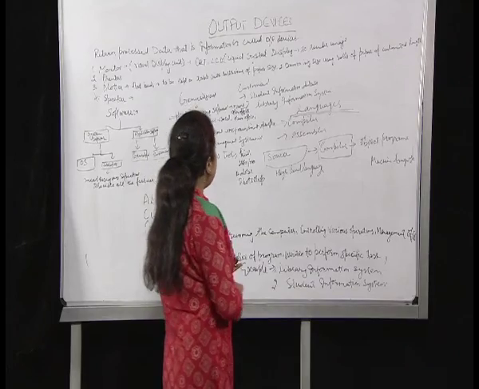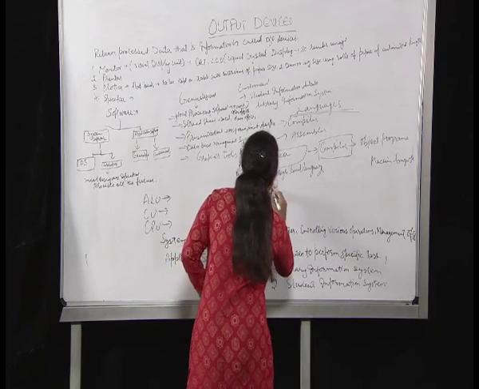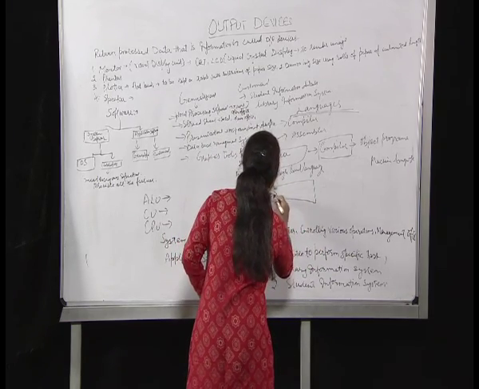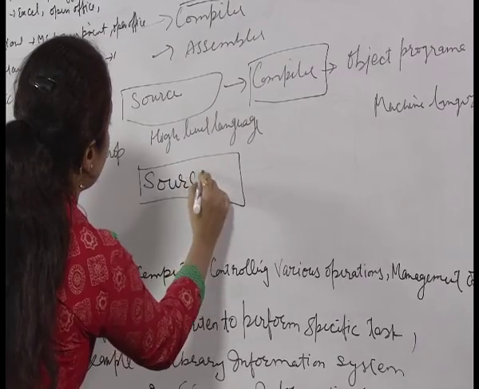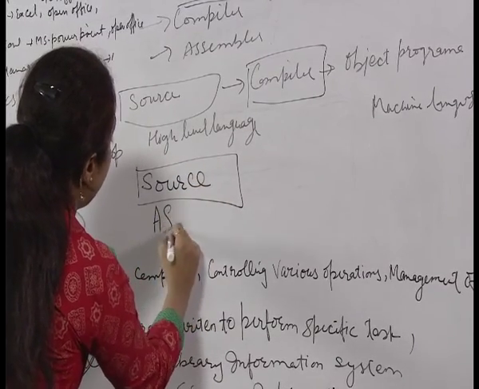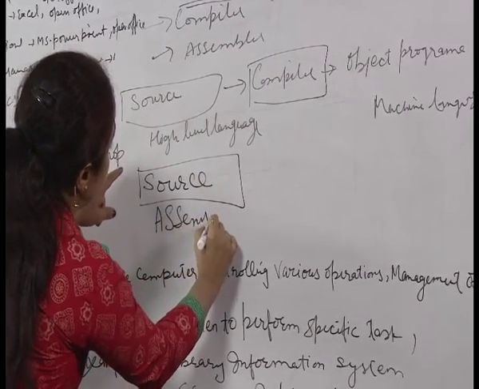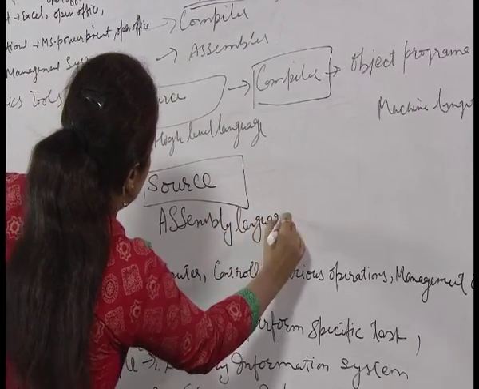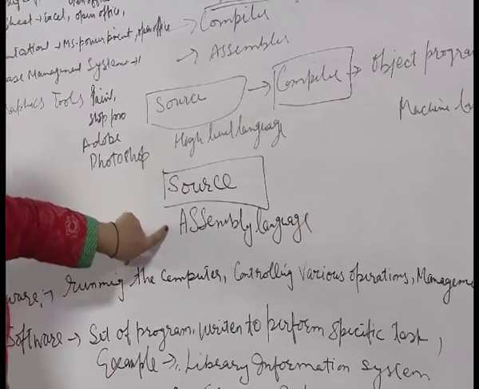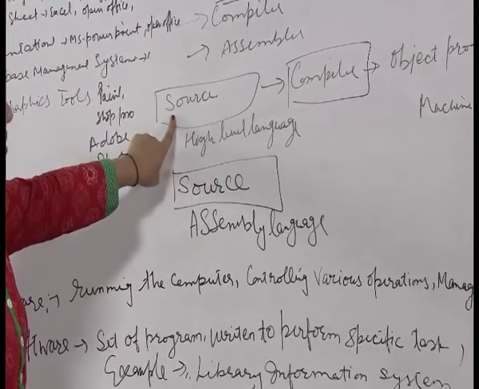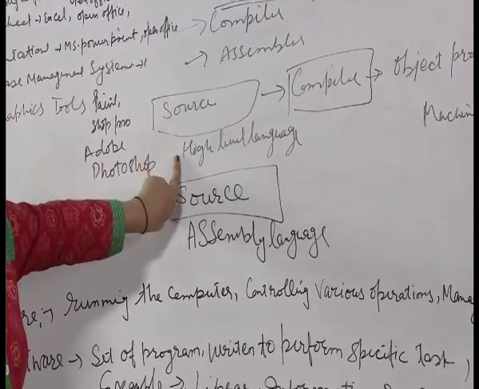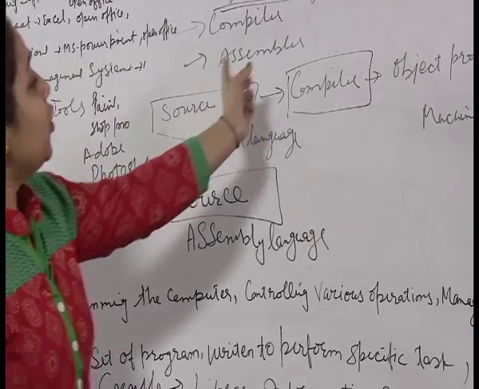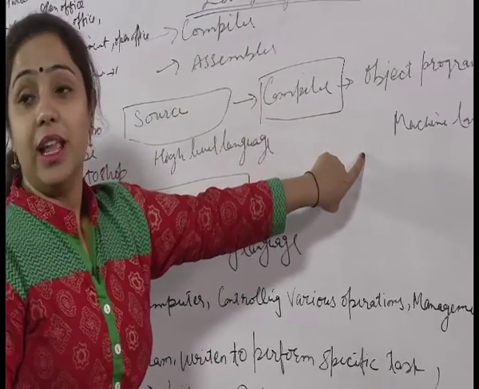And what is assembler? We have here a source program which is an assembly language. In compiler we have a source program that is a high level language which is going to be converted into a machine level language.